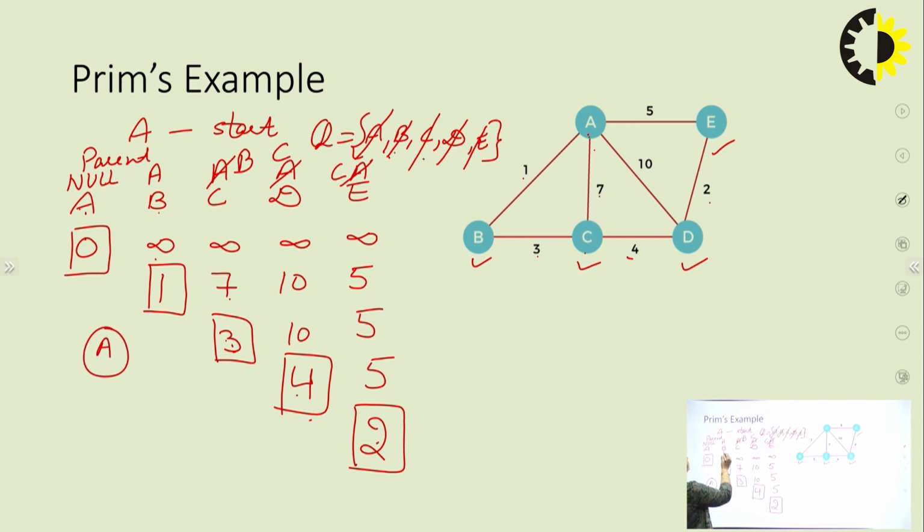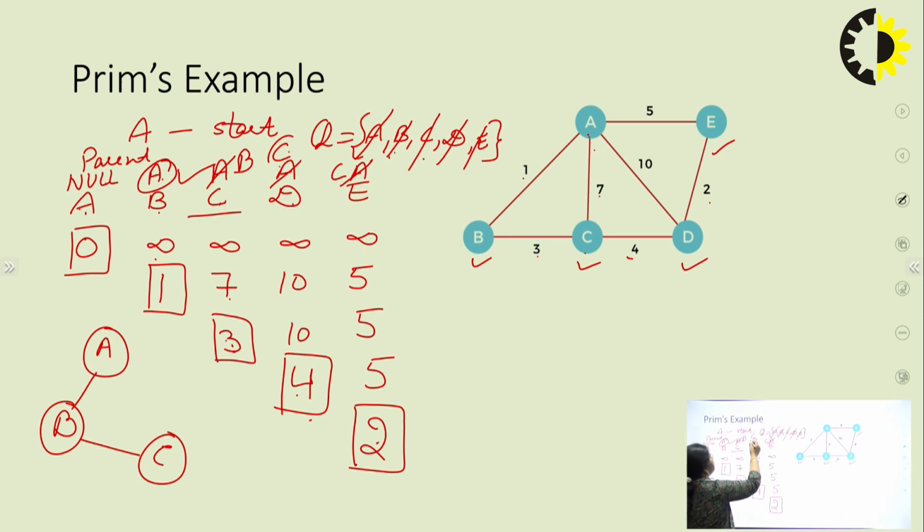What is the parent node of B? That is A. A means these will be connected. What is the parent node of C? B. So it will be connected. What is the parent node of D? That is C. C is the parent node of D. So it will be selected.